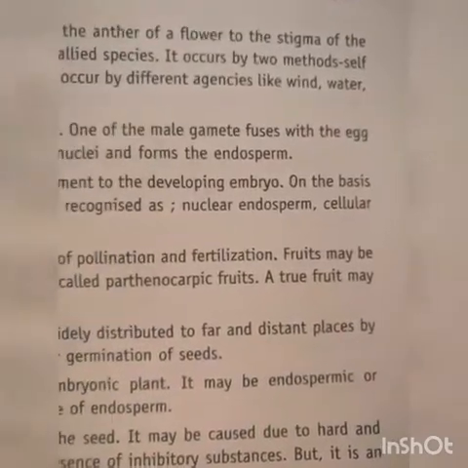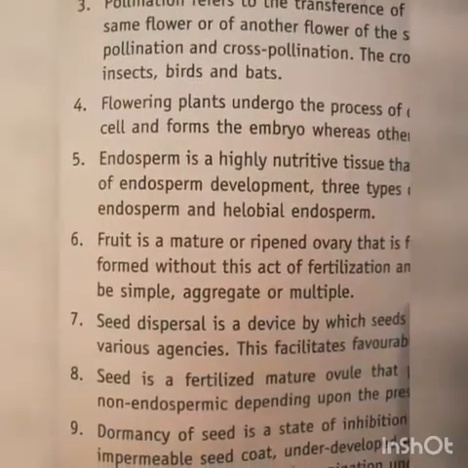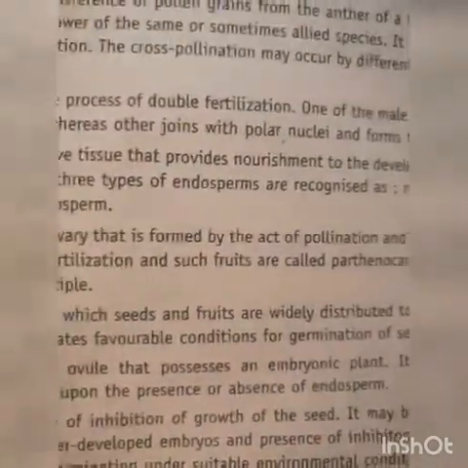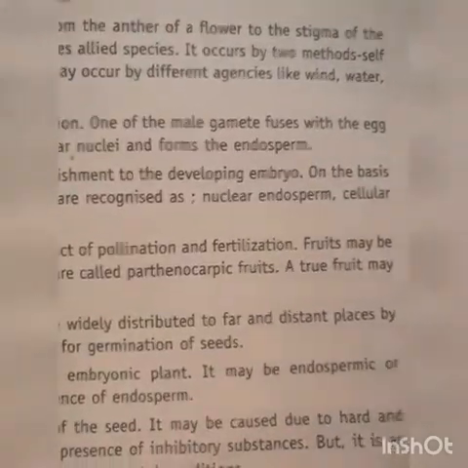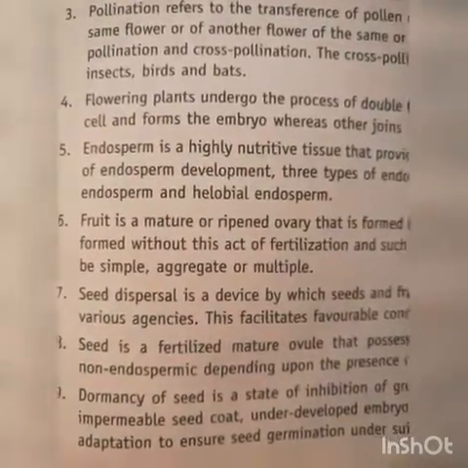On the basis of endosperm development, three types of endosperm are recognized as nuclear endosperm, cellular endosperm, and helobial endosperm.